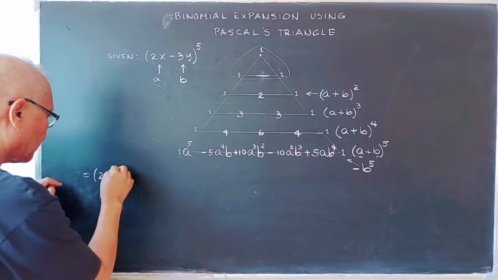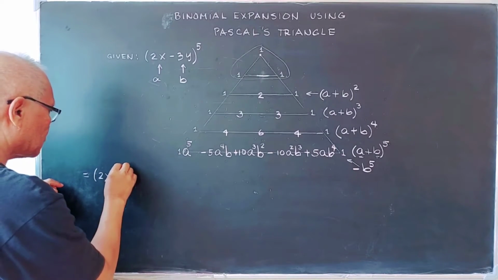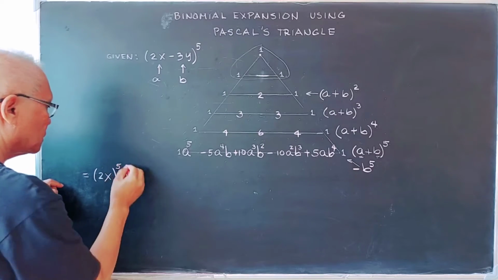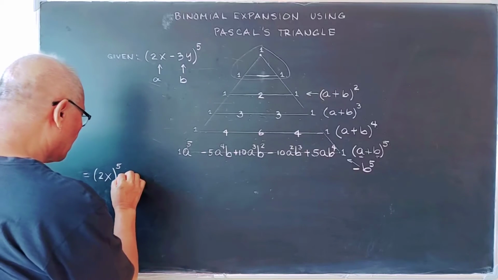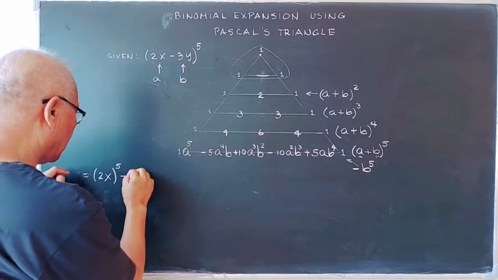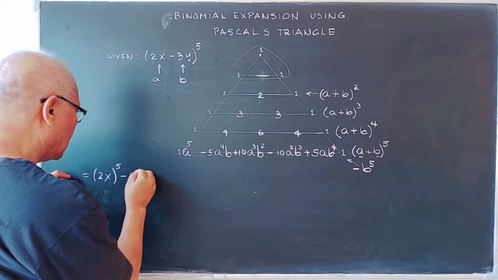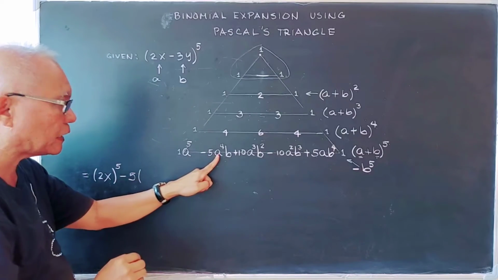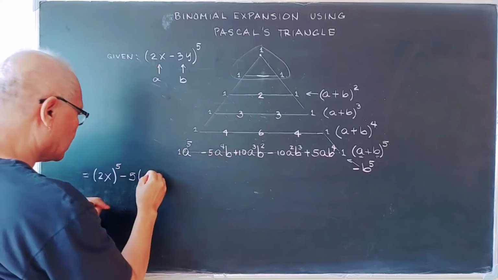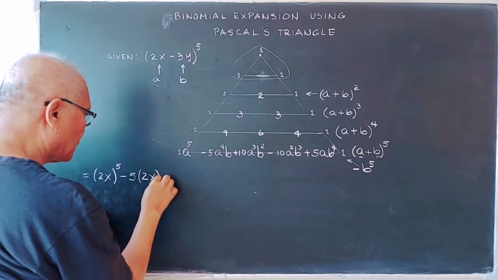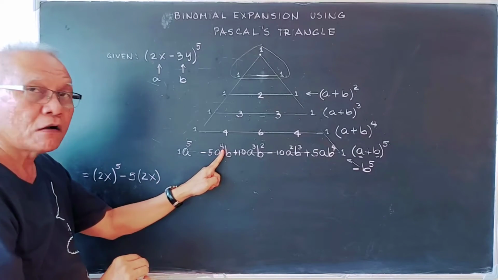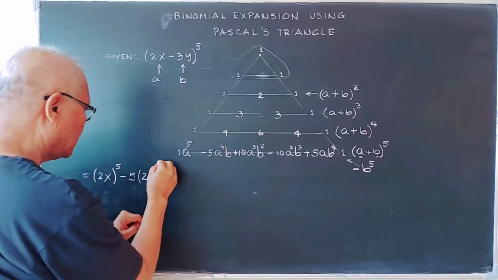Raised to the fifth. So this one is to the fifth. Followed by minus. So we have minus and you have the 5 there. Times A. What is A again? 2x. So we have 2x and we are going to raise it to the fourth power.